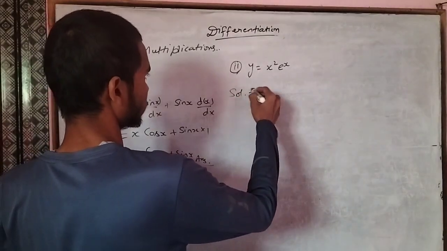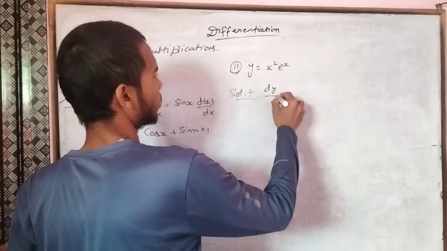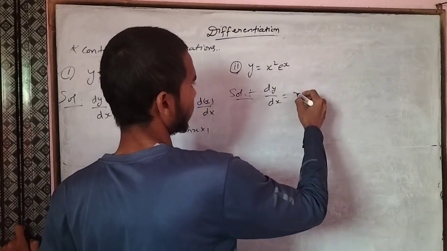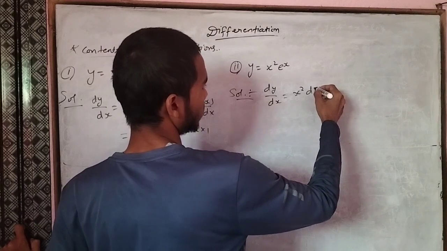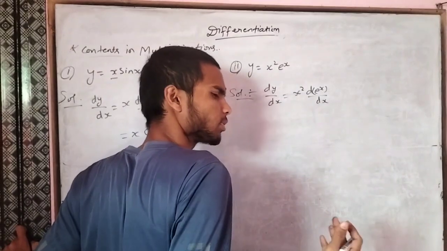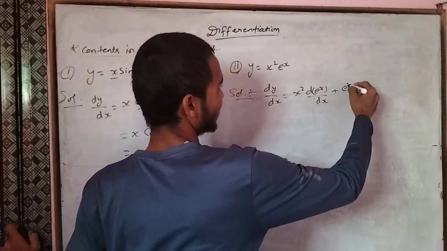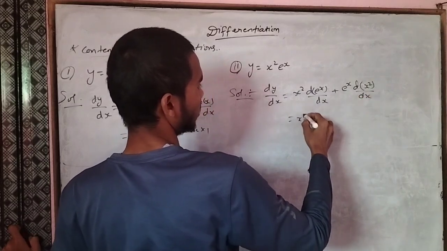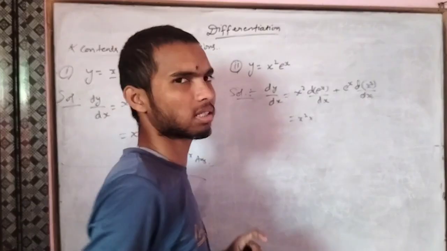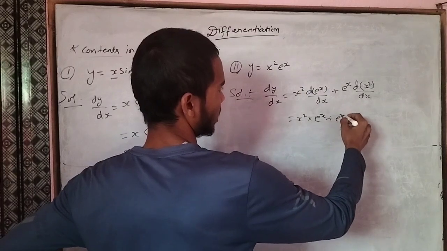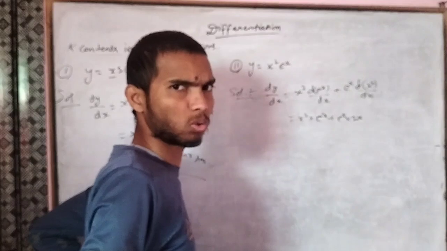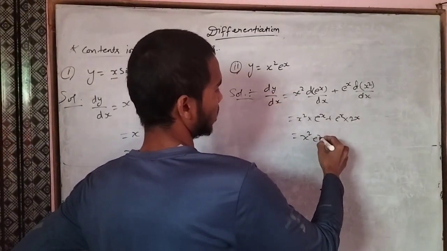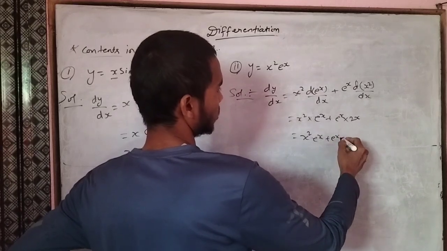Now next, dy by dx. In place of y, the first variable as it is, the second variable in differentiation, then it will be as it is. e^x as it is, e^x as it is, 2x.